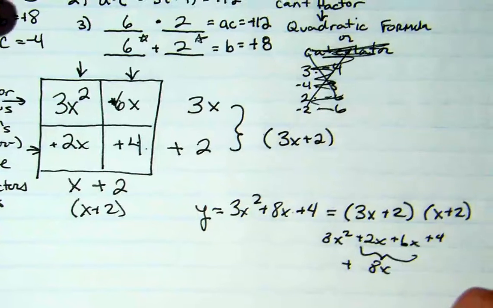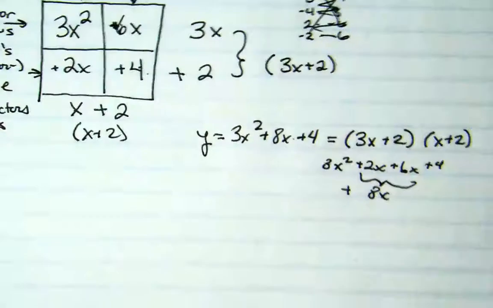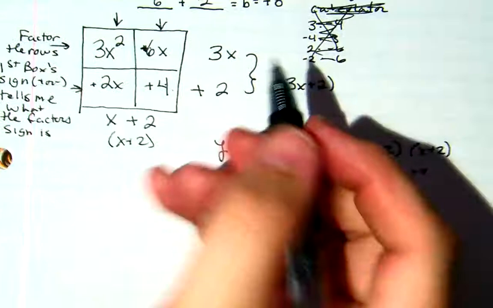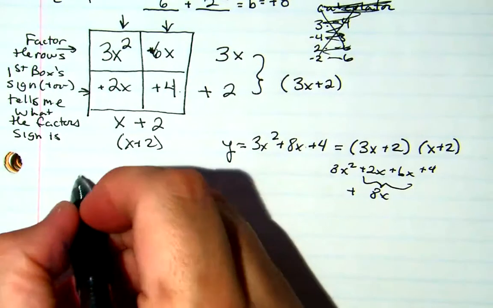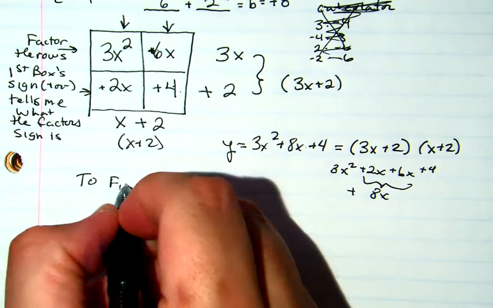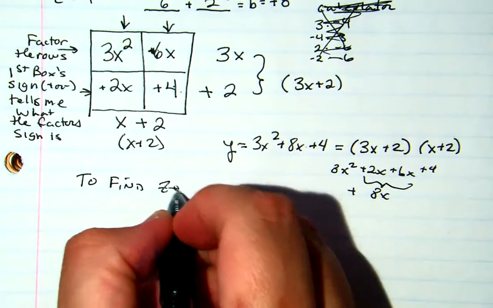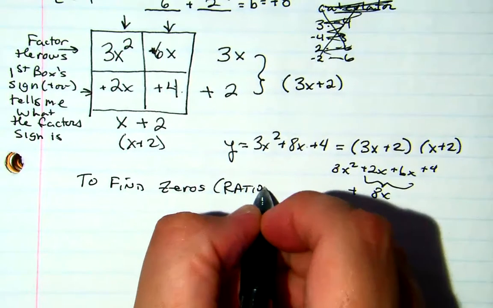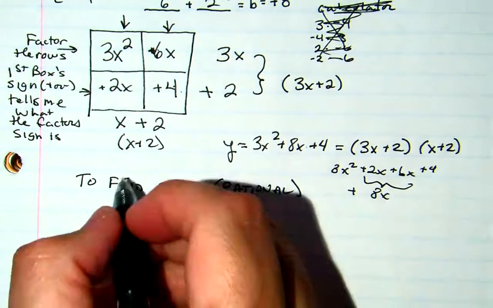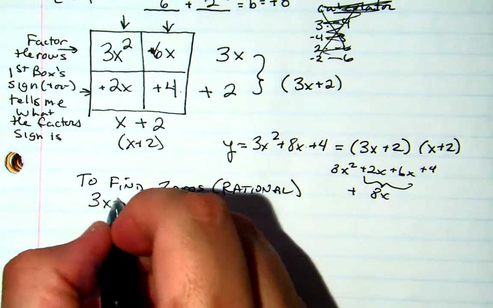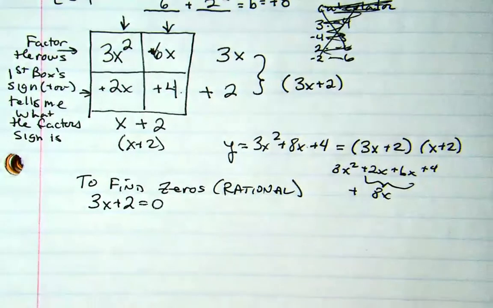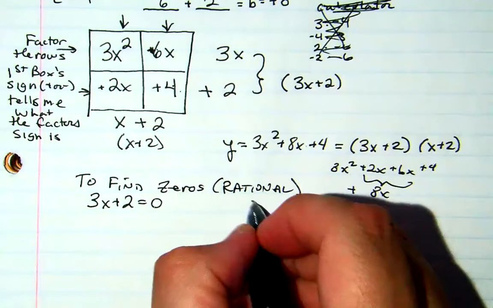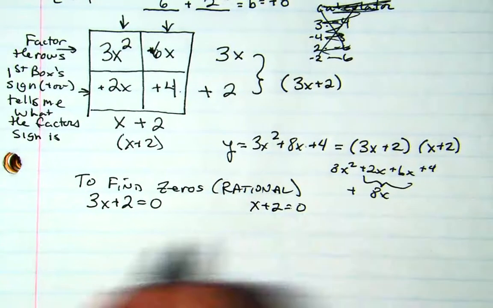Works out. Now, the whole reason why we want to factor is we want to get zeros. So, to find my zeros, which in this case are going to be rational, I'm going to take that 3x plus 2, the first one, set it equal to 0. I'm going to take the x plus 2, set it equal to 0.